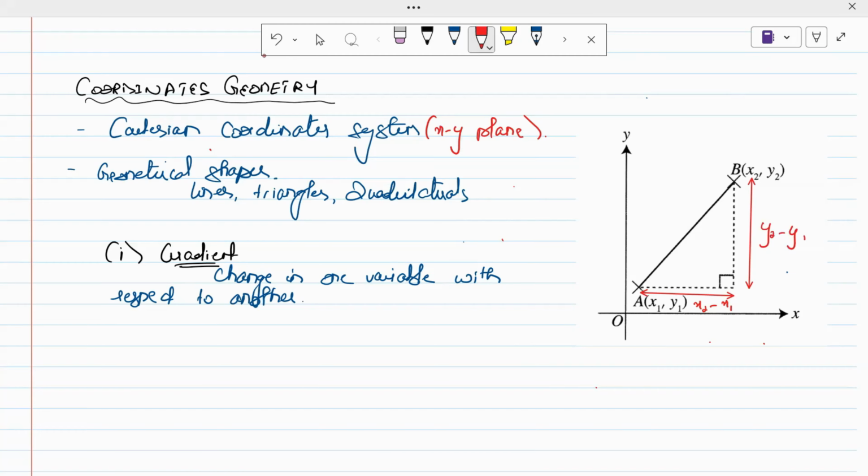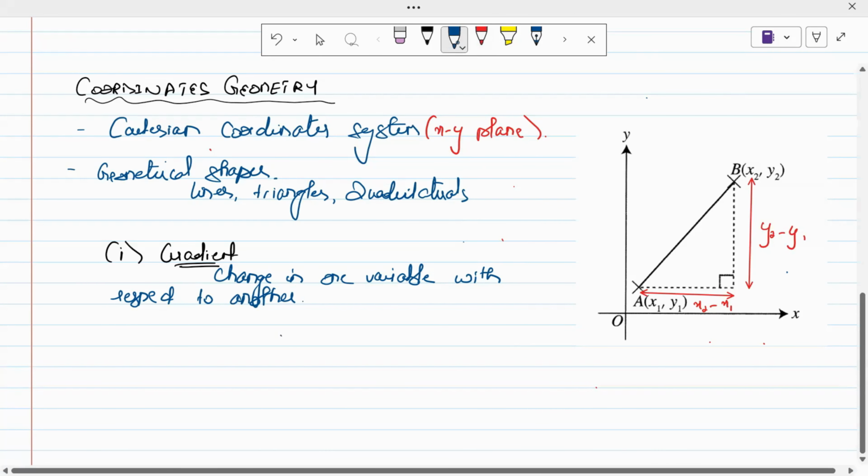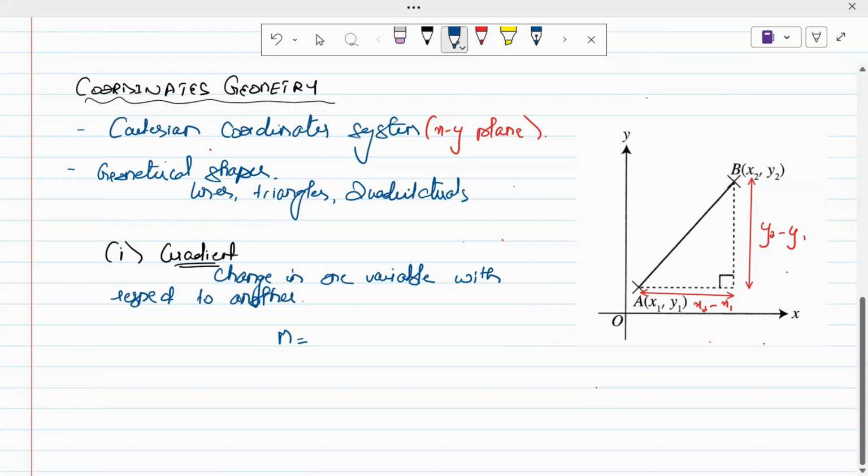Since gradient is about the change between the two variables, the formula in simple terms is m equals change in variable y, which is y2 minus y1, over change in variable x, that is x2 minus x1. And in some books, you'd find the same formula also written as rise over run. Why rise over run?